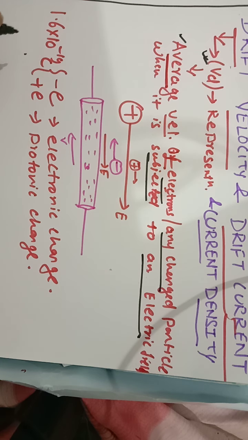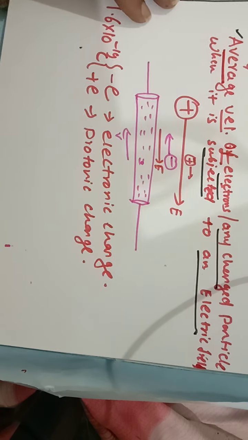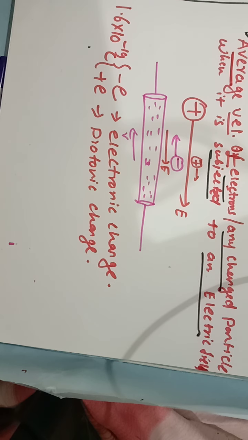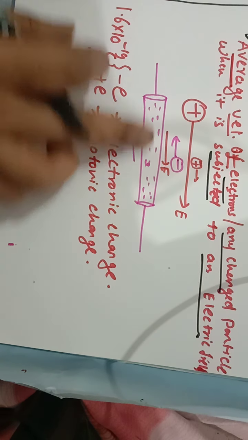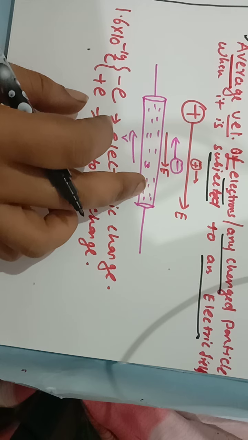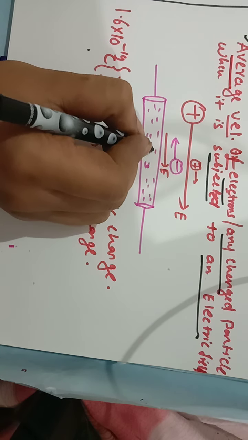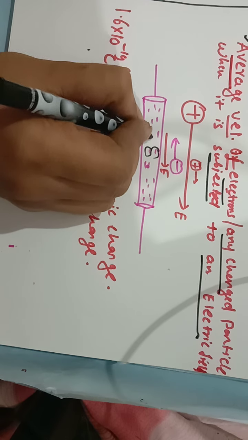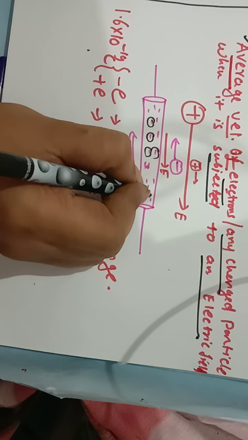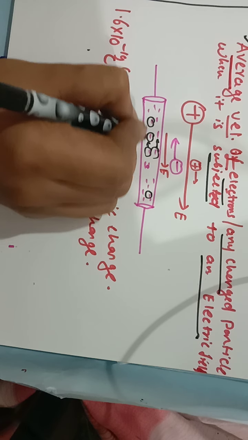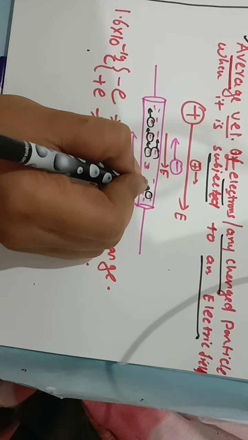Is it only theory, or can we find an expression for the drift velocity as well? We can find the expression for the drift velocity as well. How? Look, for this wire, if the electric field is applied in this direction, all the electrons will move in the left direction, because the electric field is in the right direction.